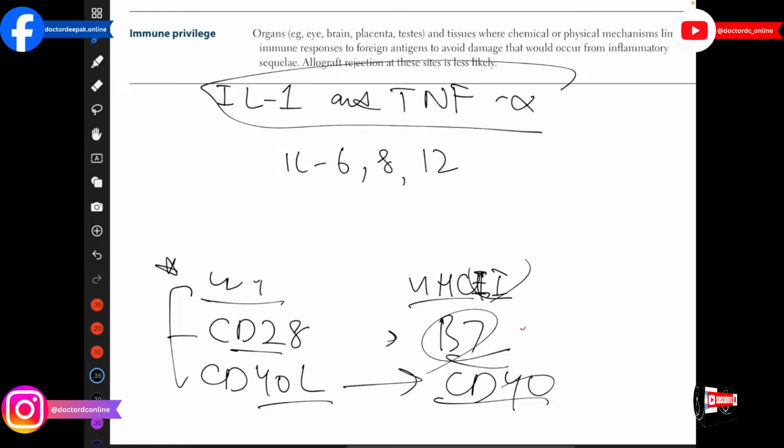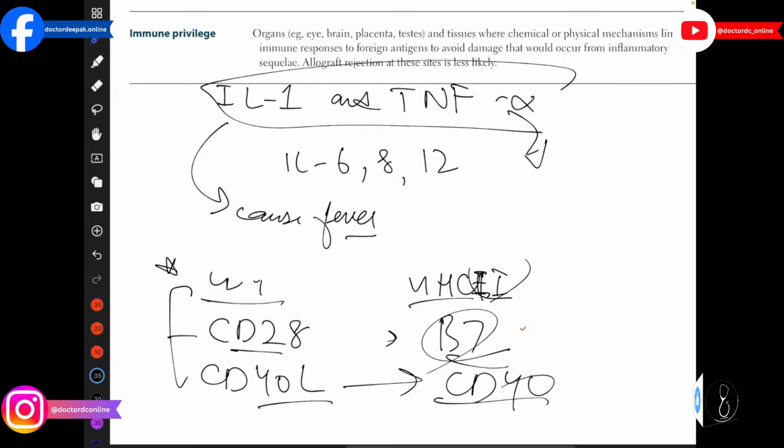Interleukin 1 and tumor necrosis factor alpha both increase the synthesis of endothelial adhesion molecules and allow neutrophils to enter the inflamed tissues. Interleukin 1 is an endogenous pyrogen that causes fever, and it acts on the hypothalamus.